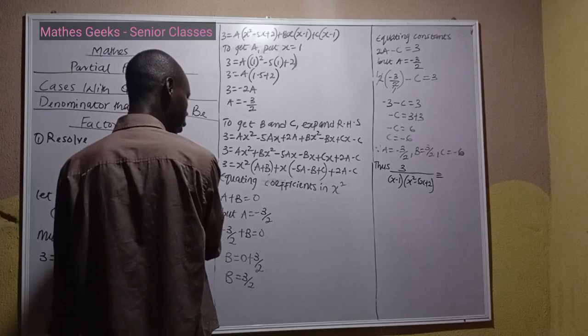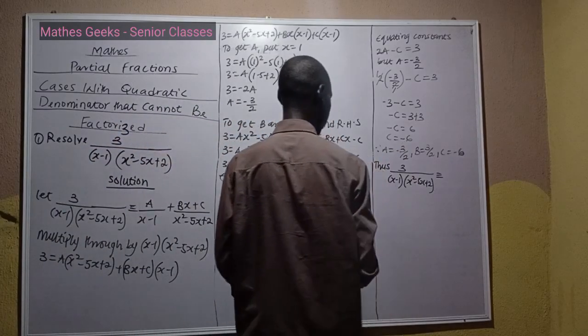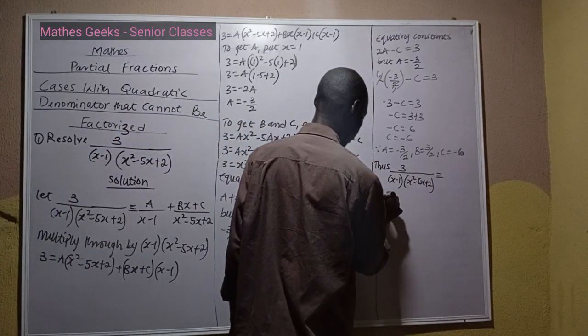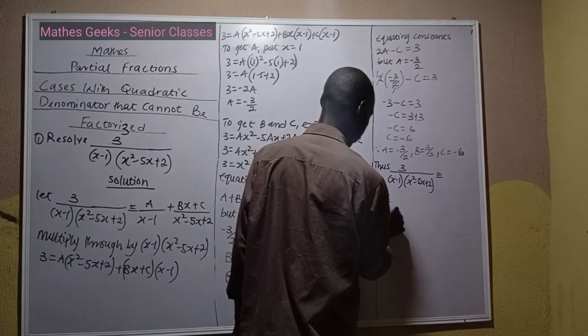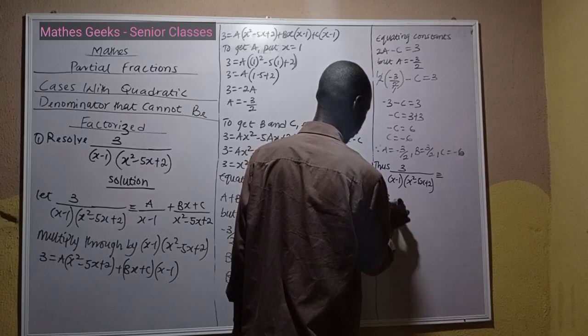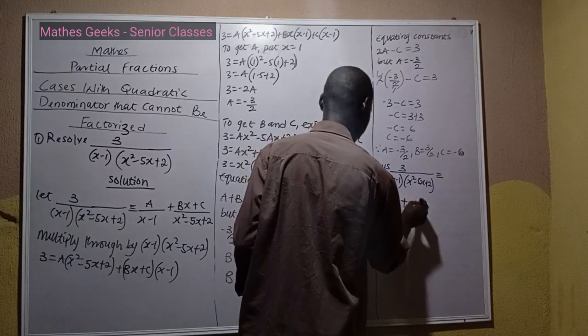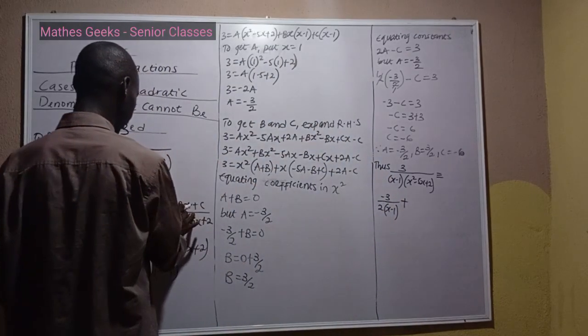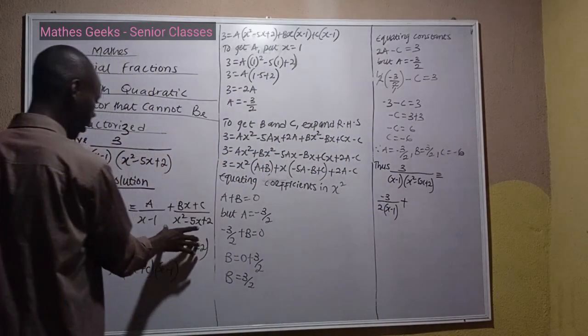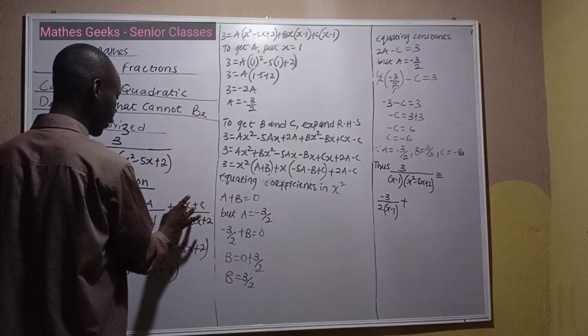So for a, it is minus 3 over 2. So this will give us minus 3 over 2 times x minus 1. Okay, plus. So now bx in this part of the fraction is the numerator bx plus c.